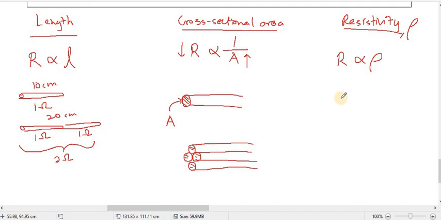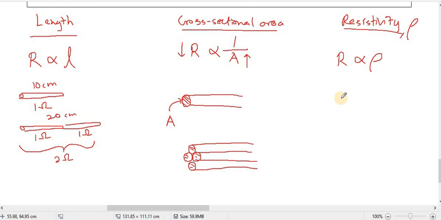Now, resistivity is different for different materials. This number of resistivity is determined from experiment. They do experiments and then they determine the number. This number of resistivity is like a constant. Every material has its own number.